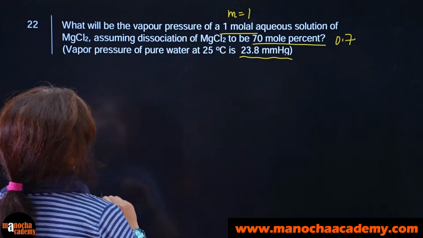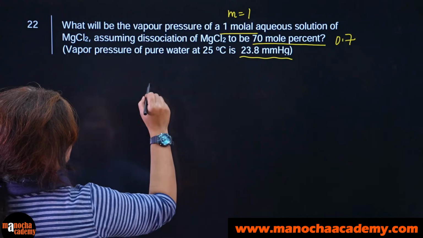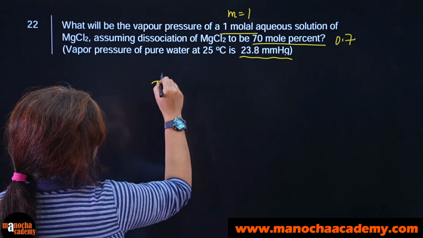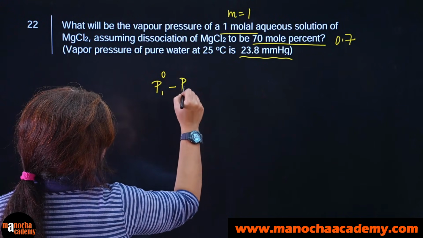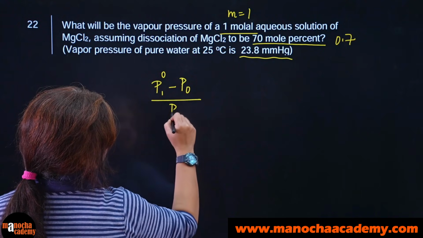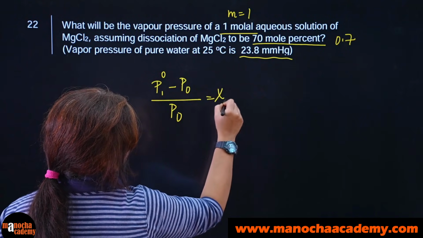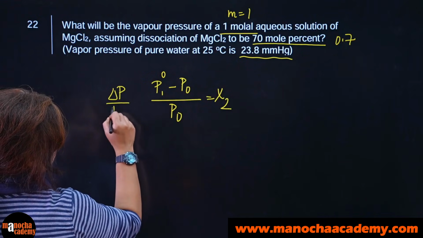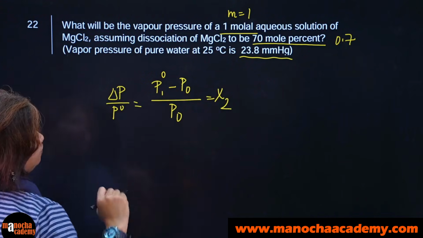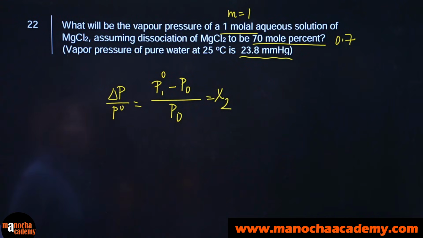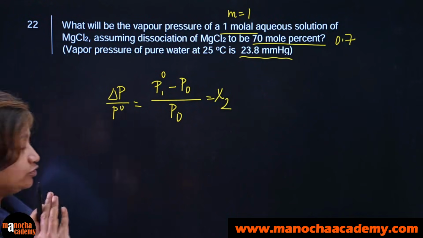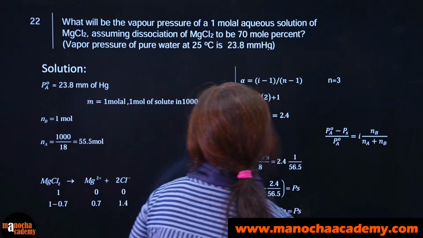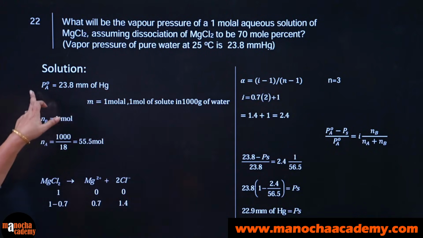So here we know that (P1 minus P0) by P0 equals the mole fraction. That is the relative lowering of vapor pressure, delta P by P0, if you remember, where the P0 value is given to us, and the molality of the aqueous solution of MgCl2 is given to us. So taking that into consideration, you can have a look.